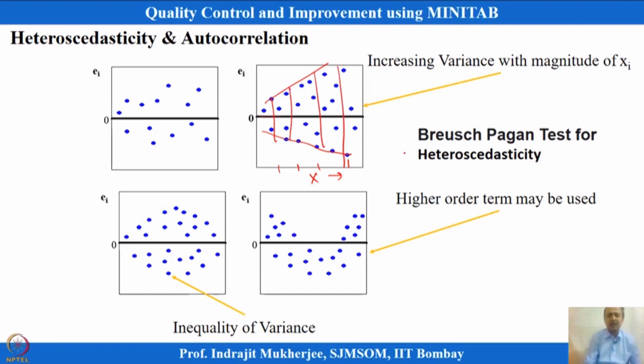This non-constancy of variance observed in the error is not recommended. If it exists and I conclude based on this type of scenario, the interpretation and judgment may be wrong. I may reject a null hypothesis which should not have been rejected. That is something we have to take care of.